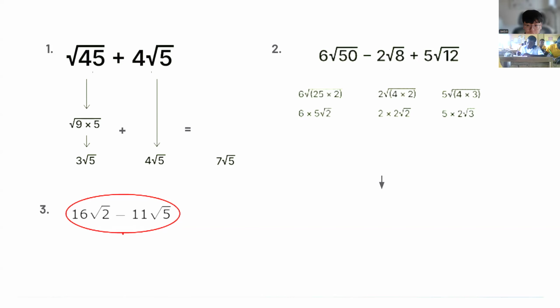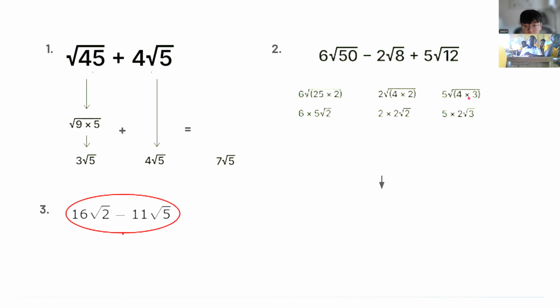Did you get to this point and add the terms together? You know, we can divide 50 up by 25 times 2, right? Square root of 25 times 2. And then 8 is 4 times 2, right?